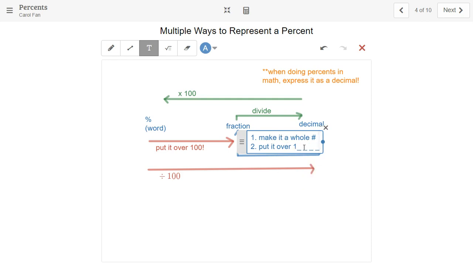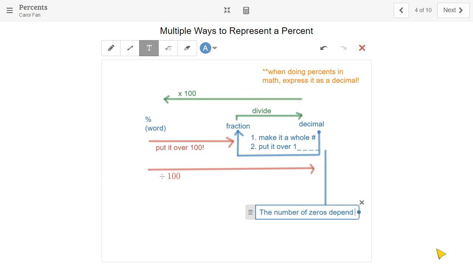So I've put 1 and then some blanks. Let me explain what those blanks are again. The number of zeros depends on the number of decimal spots you had.